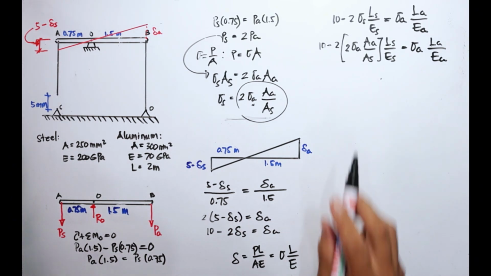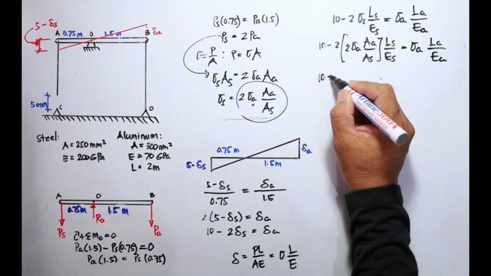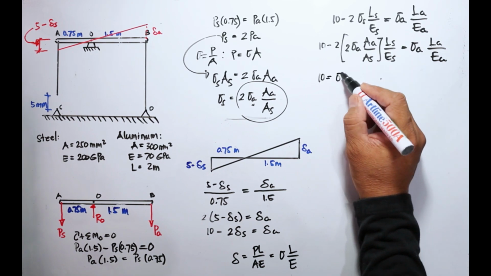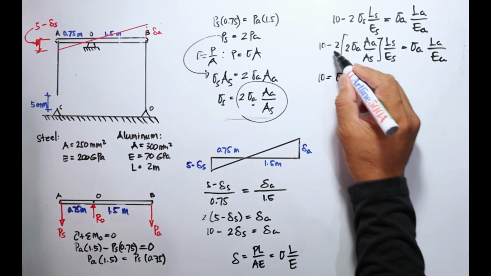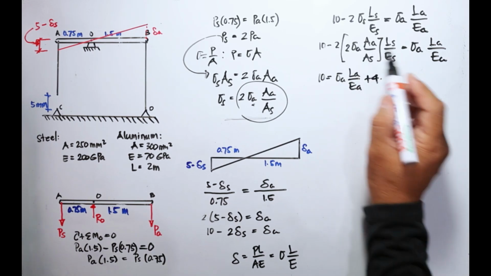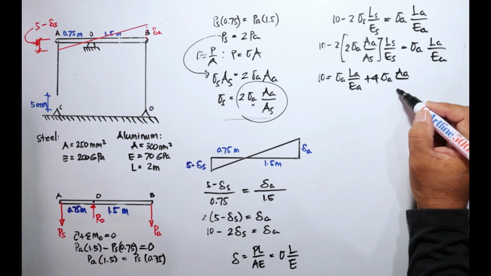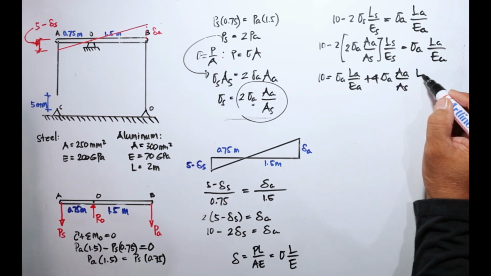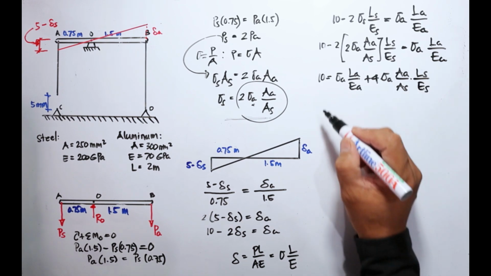Okay. Then we will multiply this and move it to the right. Let's write this one first. So this becomes plus 4 times this, stress in aluminum area times the length over the modulus of elasticity.